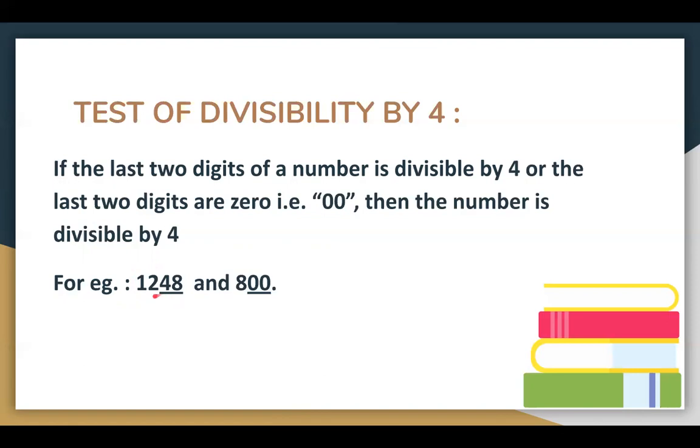Therefore, you can say 1248 is divisible by 4. Also see the next example. In the number 800, last two digits are 0 and 0. Therefore, 800 is divisible by 4. Let's see the next test.